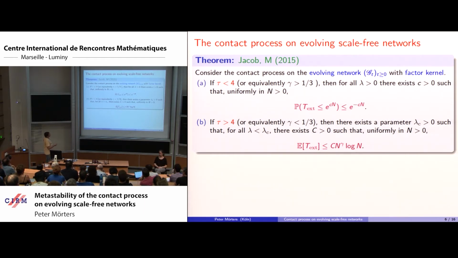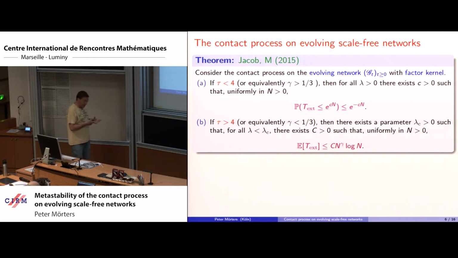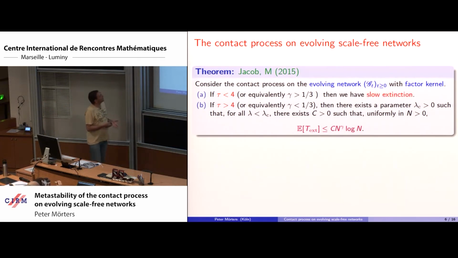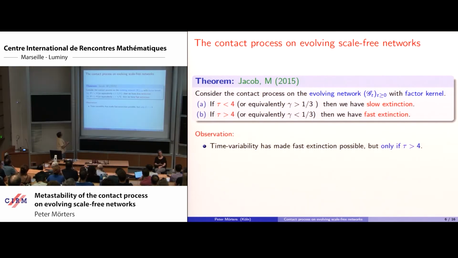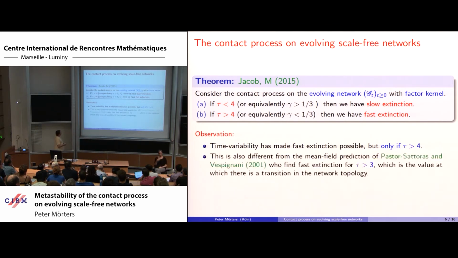Okay, so we note two things. Remember, in the static case, when the graph was not evolving, we always had slow extinction, and here the time variability has made fast extinction possible, but only when tau is bigger than 4. And that was very surprising, because I already mentioned the mean field prediction due to Pastor-Satorras and Vespignani, which finds a transition between fast and slow extinction when tau is equal to 3.